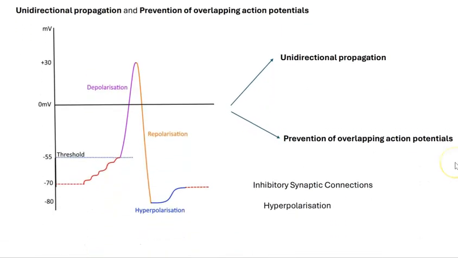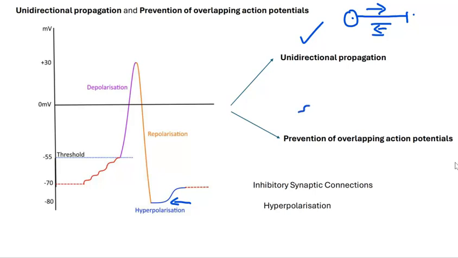The purpose of hyperpolarization is what's called unidirectional propagation. That is to say, if we have a motor nerve like this, there's the axon, there's the synapse, the direction of impulse travel is only from the cell body to the synapse. It cannot reverse. And the reason for this is that if the sodium inside the axon were to try to diffuse backwards, it would be diffusing into a hyperpolarized region.